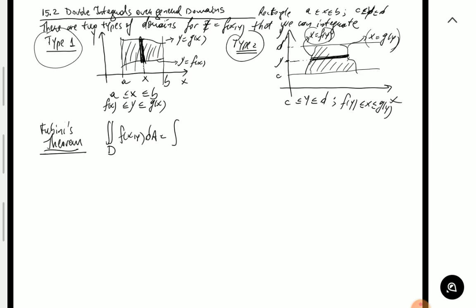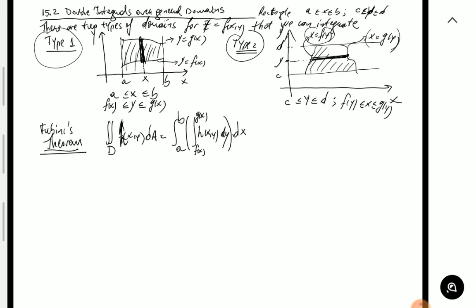So pay attention here, it's very important, okay? So the outermost integral is the one for the variable with the constant bounds, x in this case. And the innermost integral is the one with the variable bounds in terms of x. So f of x, g of x. Let's actually call h the actual function to integrate, because I use f and g for the bounds. So h of x, y, dy.